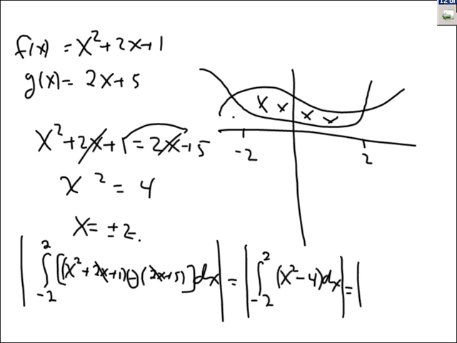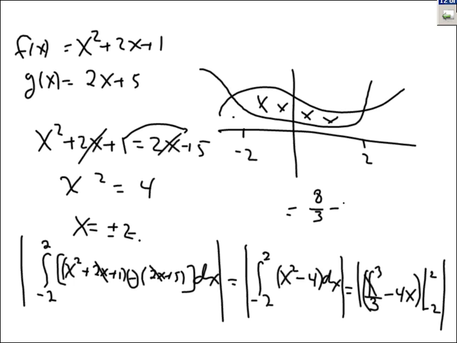Then I integrate and get x cubed over 3 minus 4x, from negative 2 to 2. Whatever I get, I won't allow it to be negative, so I put in absolute value bars. When you plug in 2, you get 8/3 minus 8, minus, when you plug in negative 2, negative 8/3 plus 8.